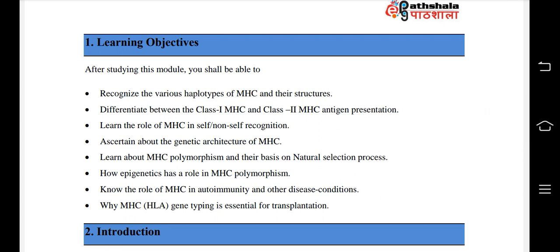After studying this module, we shall be able to recognize the various haplotypes of MHC and their structures, differentiate between the class 1 MHC and class 2 MHC antigen presentation, learn the role of MHC in non-self recognition, ascertain the genetic architecture of MHC, learn about MHC polymorphism and its basis in the natural selection process, how epigenetics has a role in MHC polymorphism, know the role of MHC in autoimmunity and other disease conditions, and why MHC or HLA gene typing is essential for transplantation.